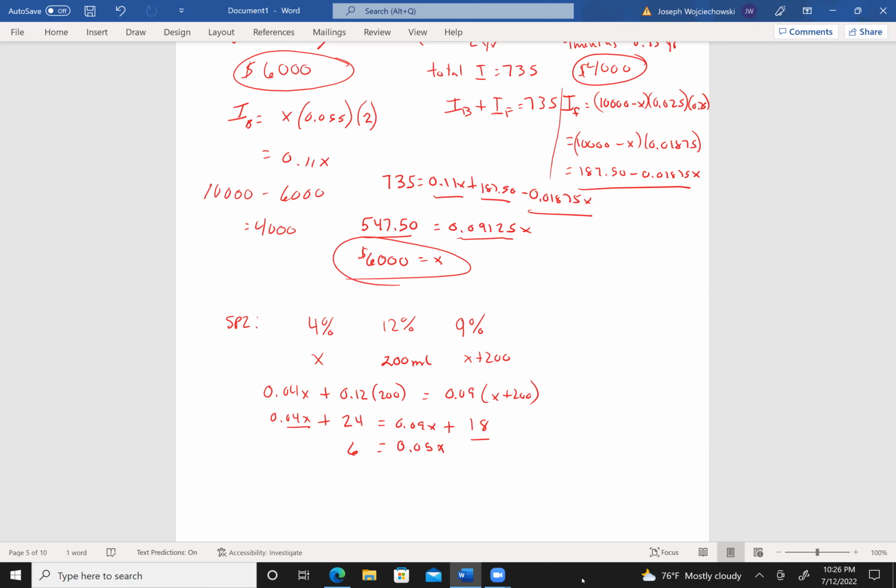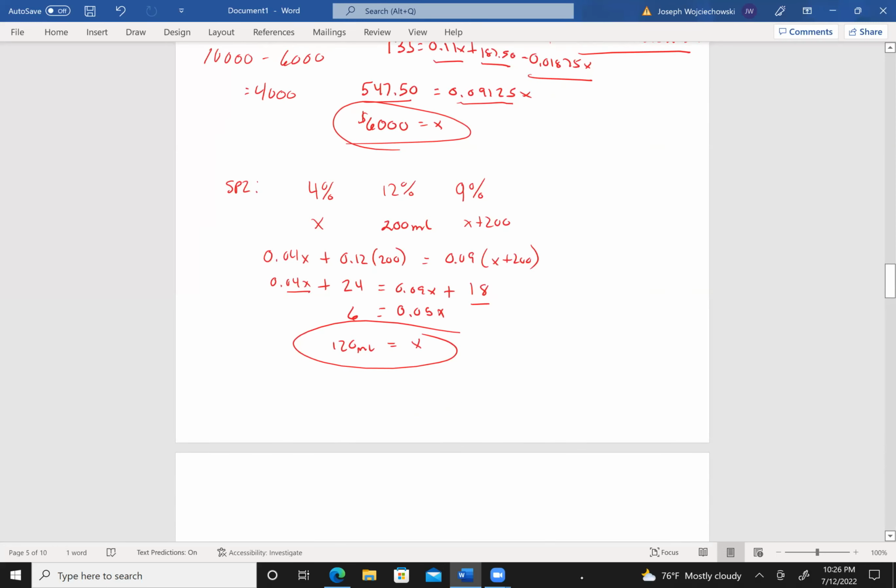And I get 6 divided by 0.05 equals, so x equals 120 milliliters. So 120 milliliters of 4% solution added to 200 milliliters of 12% solution will give me 320 milliliters of 9% solution, for you chemists out there.